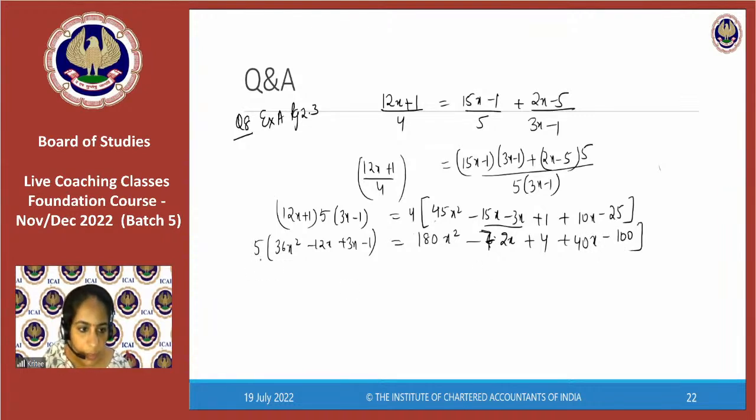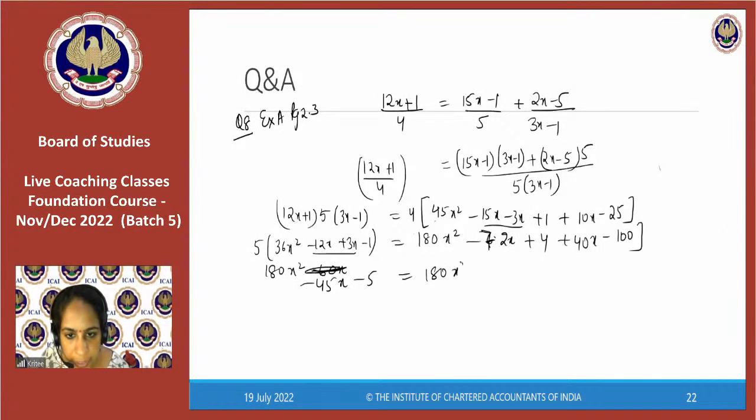This is again 180x square minus 60x minus 9 into this is minus 45x minus 5 equals 180x square minus 72 plus 40 minus 32x minus 96. So 180 and 180 goes off.